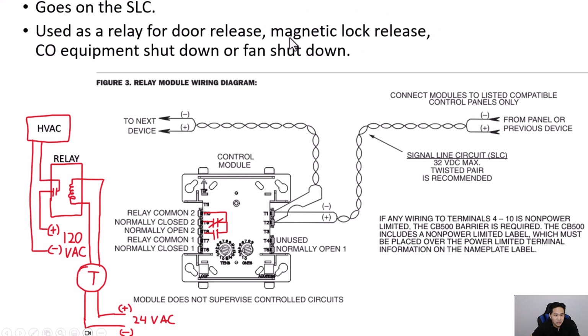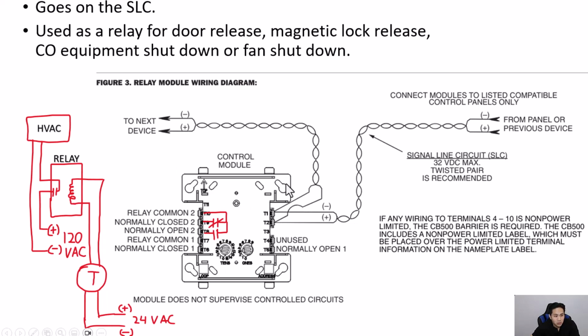So that's what this magnetic lock release is. You need some sort of card to release the door because the door is locked by a magnet. In that case, if there's a fire, these doors have to unlock automatically so that the fire department could move around the building very easily without having to break open doors. So the control modules can also be used to control these magnetic lock releases to release those doors in a fire condition.